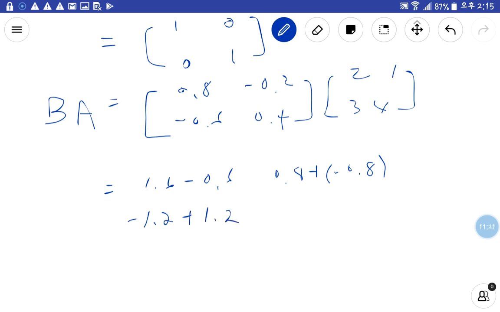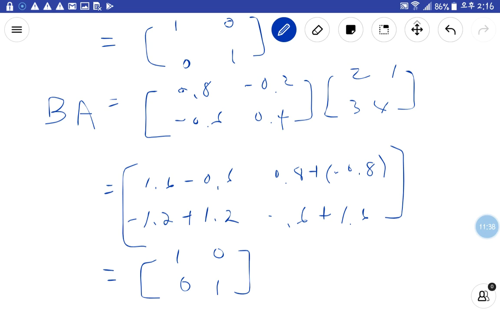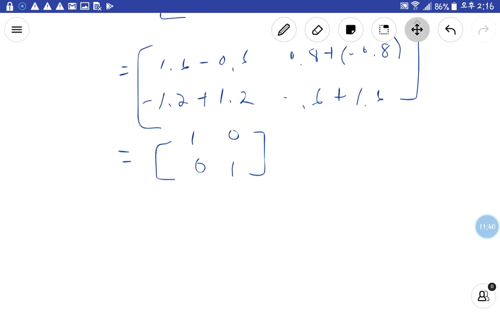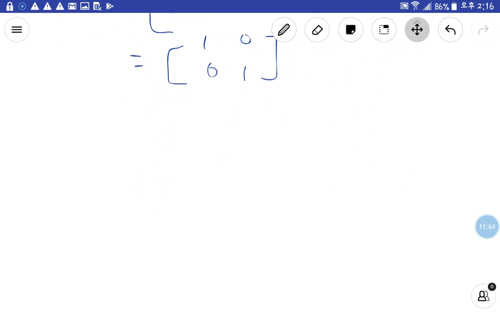And negative 0.6 times 1, negative 0.6. And plus 0.4 times 4, 1.6. Alright, so I can see that it will be 1, 0, 0, 1 as well. Since the products AB and BA both are going to be the identity matrix, I can say A and B are inverses of each other.